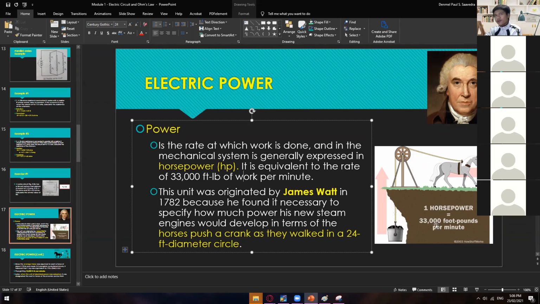It's quite confusing, but this is where it came from. I actually wasn't able to see the actual footage of how they measured this 33,000 foot-pounds. But just imagine that this is 33,000 pounds, and this horse is lifting it for 1 minute.